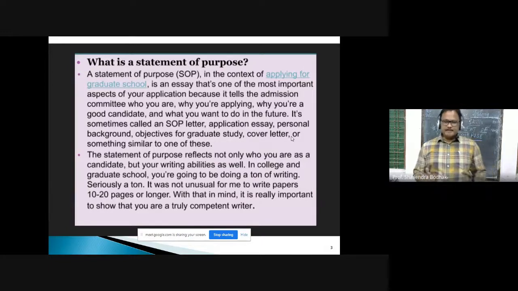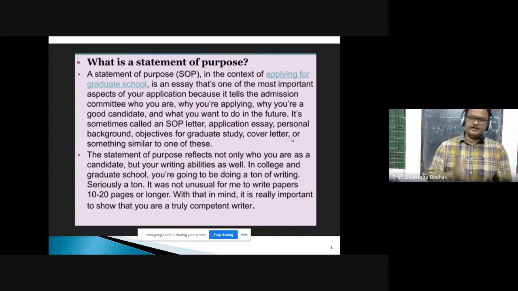Along with your application, you have to attach the SOP, which is in essay form, because it tells the admission committee who you are, why you are applying, why you are a good candidate, and what you want to do in the future. All this comes in your SOP.